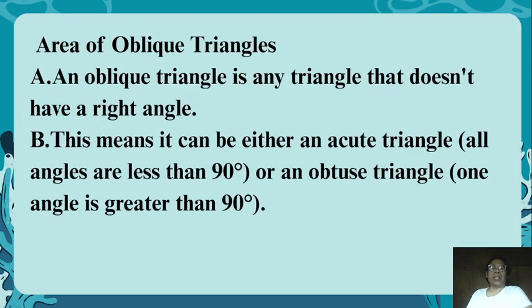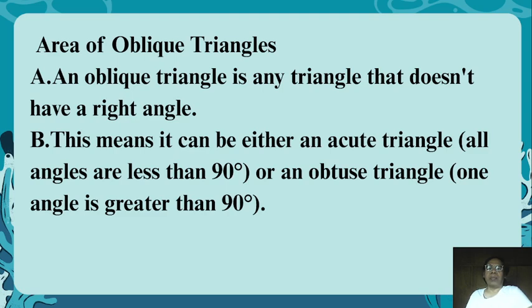Area of oblique triangles. An oblique triangle is any triangle that doesn't have a right angle. This means it can be either an acute triangle or an obtuse triangle. When we say acute triangle, all angles are less than 90.